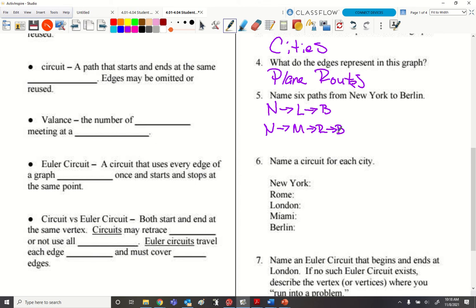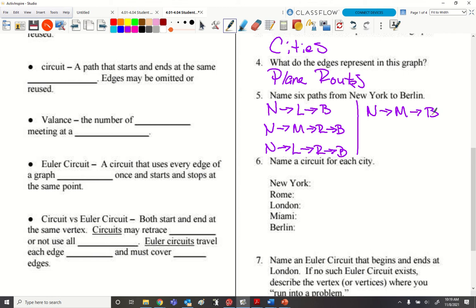Now, give me another one that I'm going to end up at the same place. What you got? New York to London to Rome to Berlin. All right. Someone else, because I know you guys do understand this, but I want to hear someone else. Give me another path. Go ahead. New York, Miami, and then Berlin. There we go.